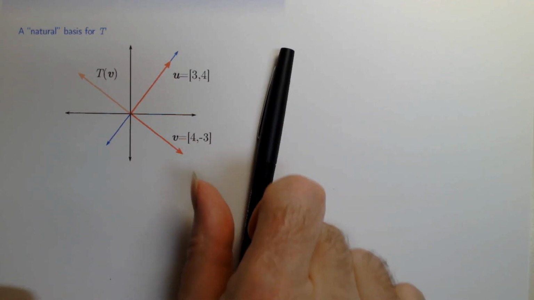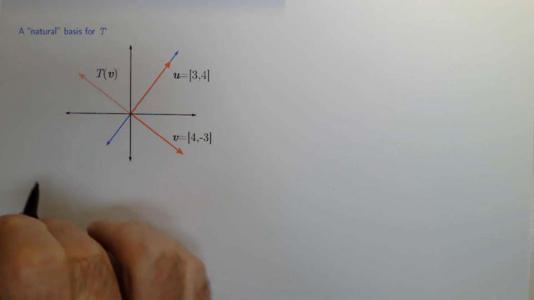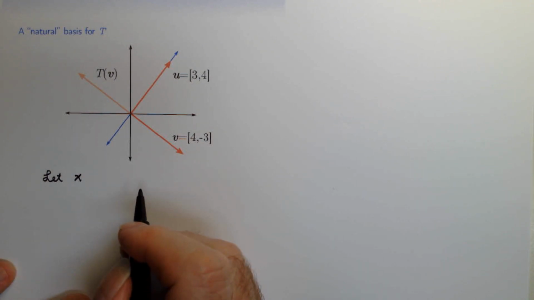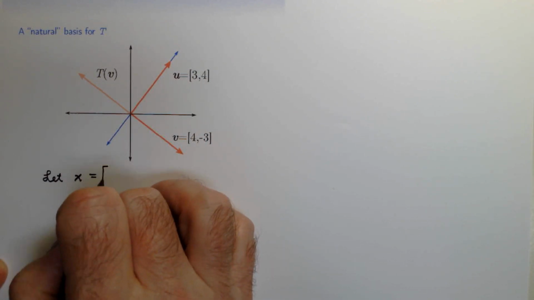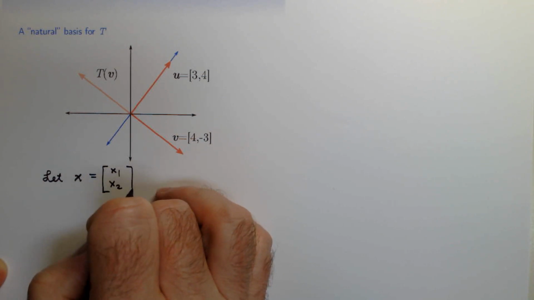All right, welcome to the document camera. Now, to work this problem, we've got to get a few of our ducks in a row. So let's start here. Let x stand for a generic vector in the plane. And so let's say x has coordinates x1 and x2.